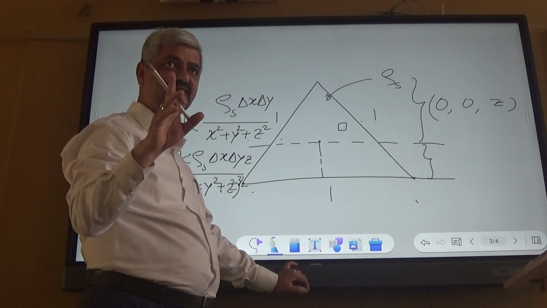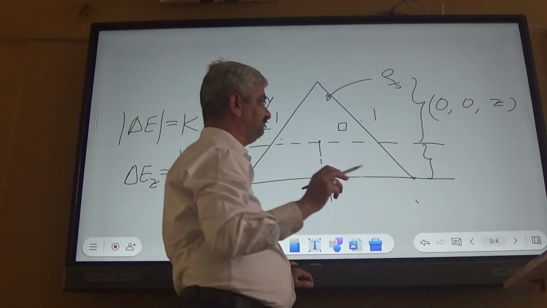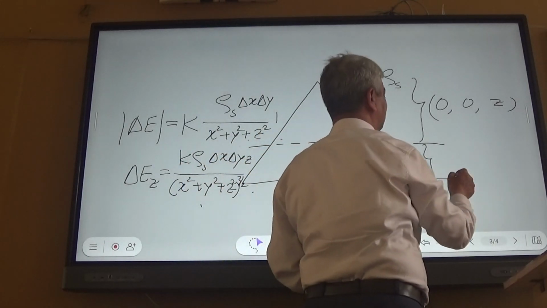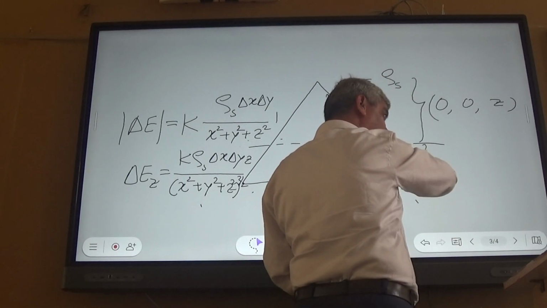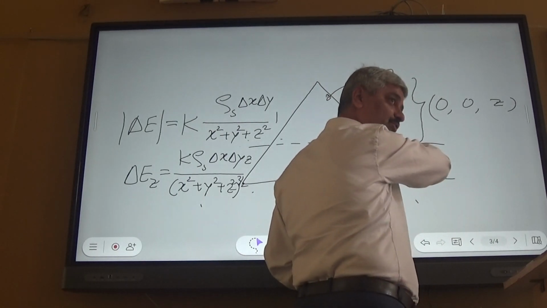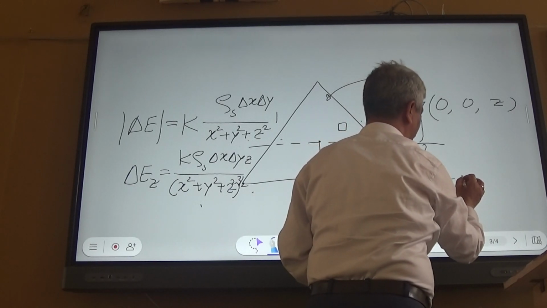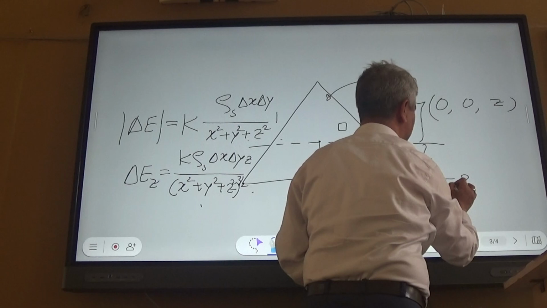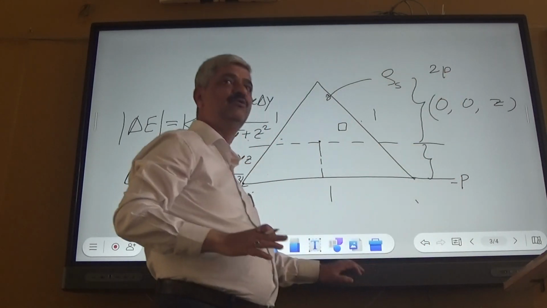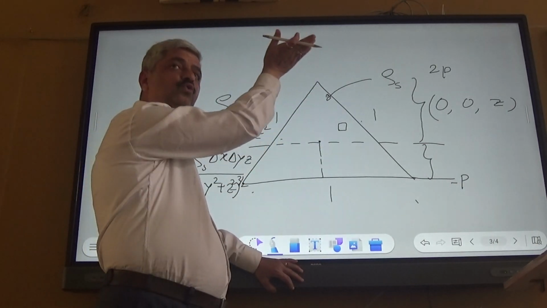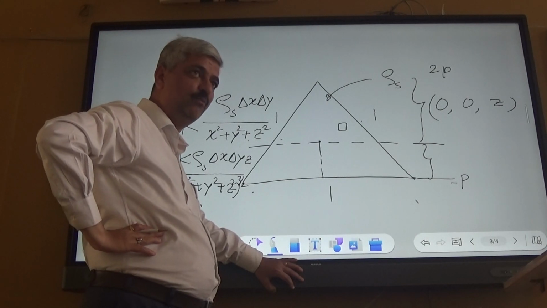What are those? 2/3 and 1/3. So these would be 2/3 and 1/3 of the total. If I consider this as minus P, this would be 2P. The limits of y would be from minus P to 2P.